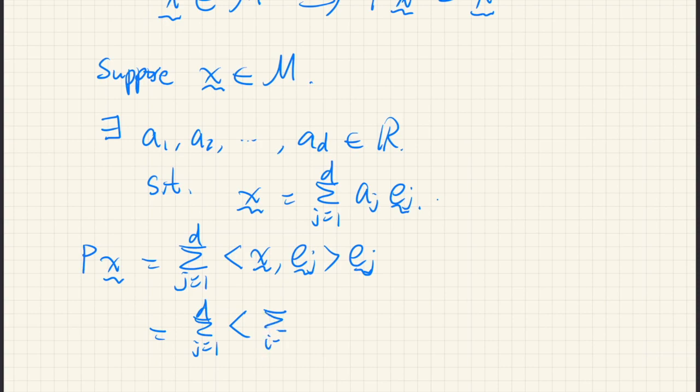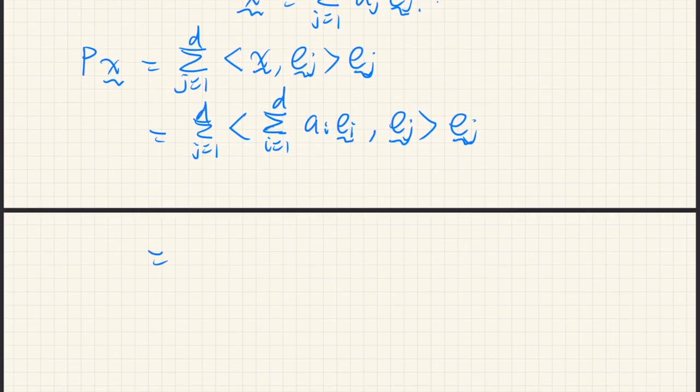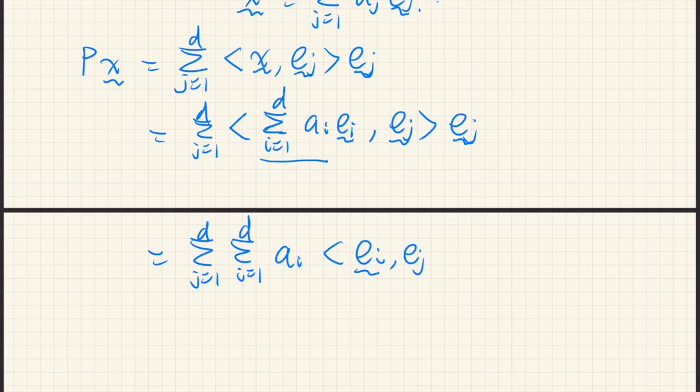So x is the sum over i from 1 to d of ai ei, times ej, ej. Okay, so let's take this out: sum over j from 1 to d, and i from 1 to d, ai, and ei, ej, ej.